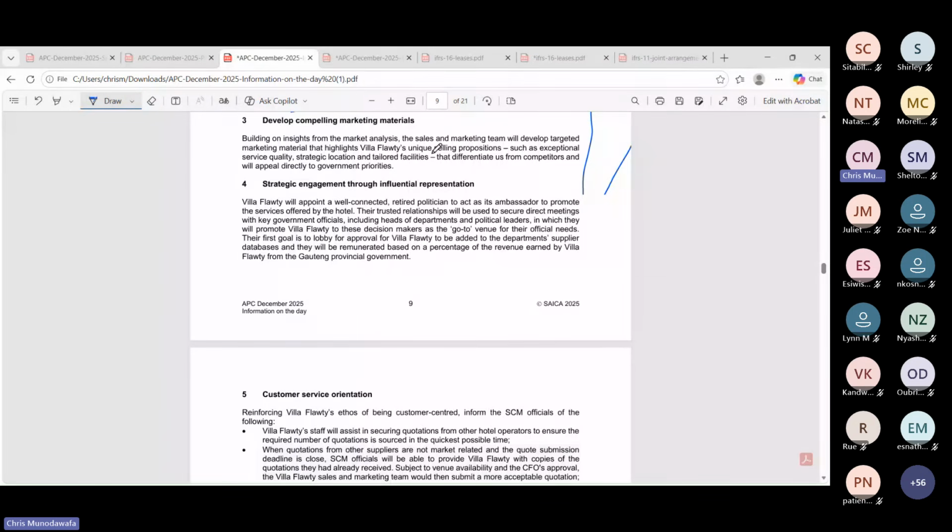Strategic engagement through influential representation: appoint a well-connected retired politician to act as ambassador to promote the services offered by the hotel. They will use this to secure direct meetings with key government officials. You see, it is an indirect ask, but going back to my requirements, nowhere do they ask directly about ethics.